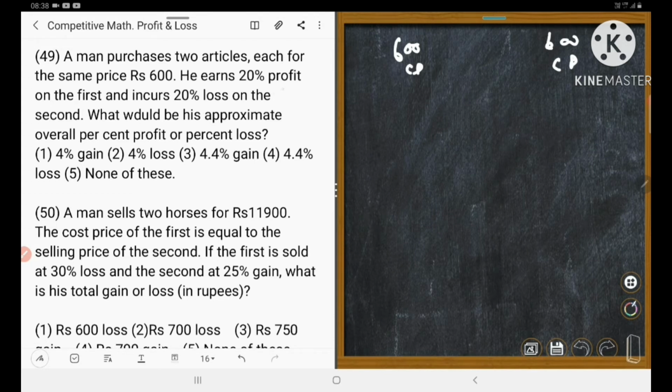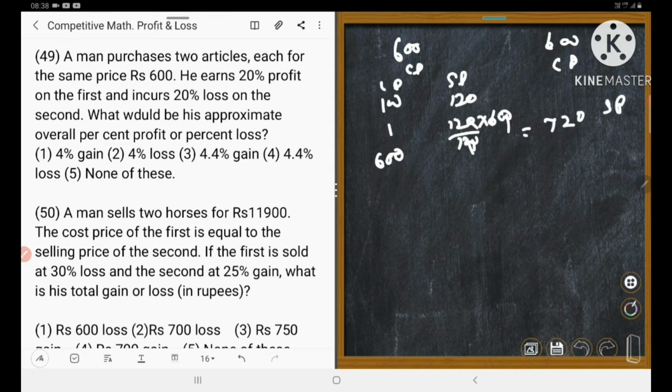He earns 20% profit on the first. Could you understand? That means when CP is 100, SP is 120. When CP is 1, SP is 120 upon 100. When CP is 600, it is 720. This is SP, first SP.